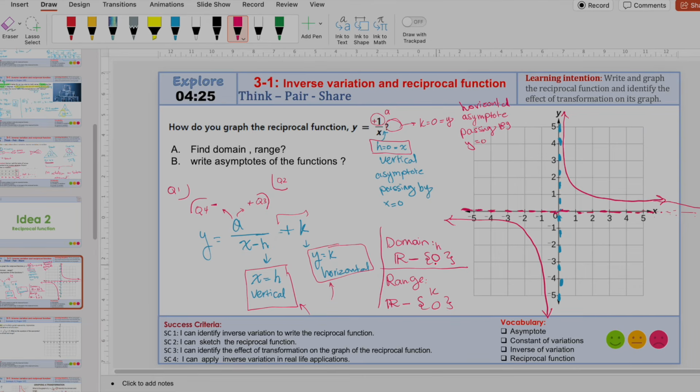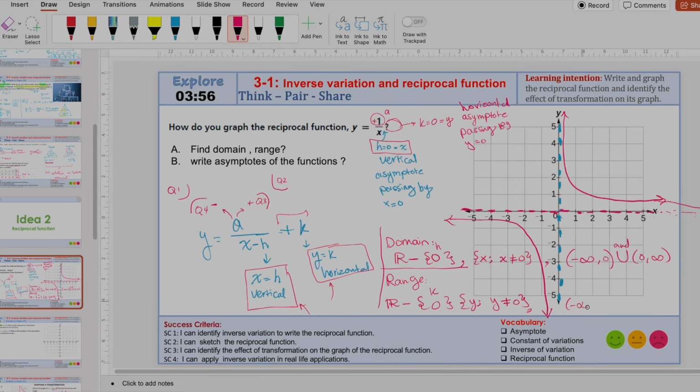That's it. You can write it like this, or you can say it's x where x cannot be 0, and it's y where y cannot be 0, for example. Or you can say it's from negative infinity to 0, but open because it's not included, and from 0 to infinity.